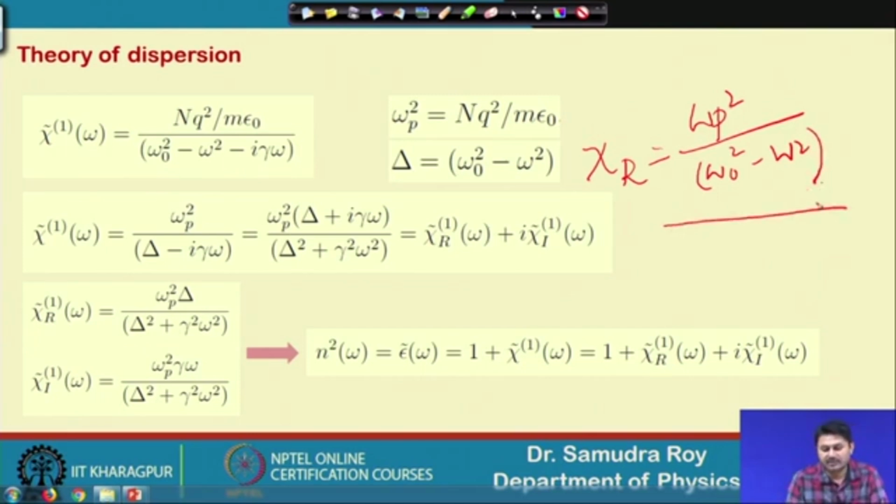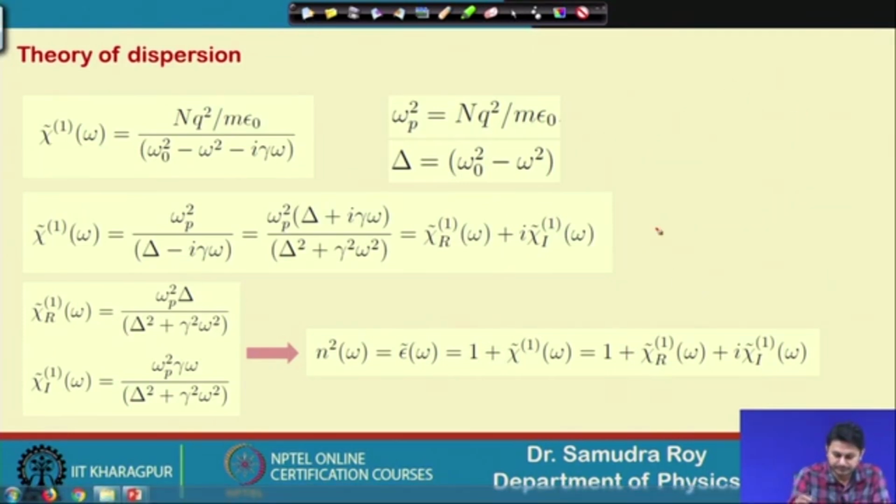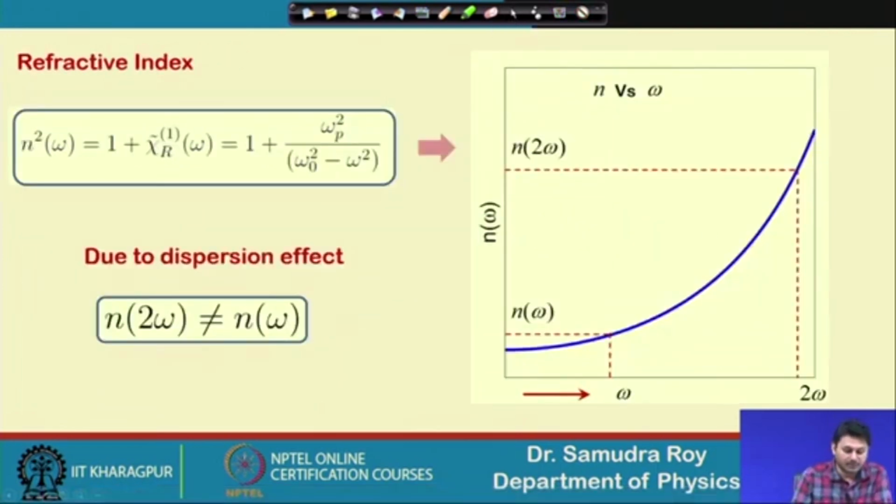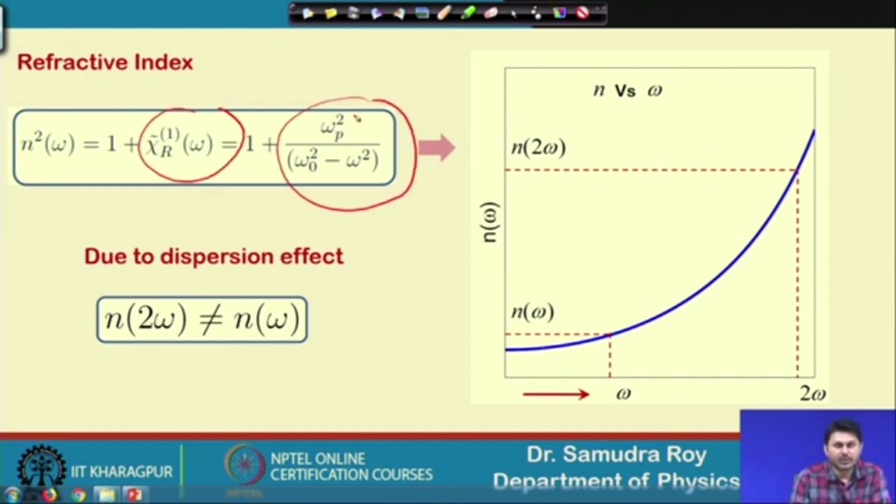So, when I put this chi r into my equation of refractive index, let us see what we find. As I mentioned, I just replace this chi r with this quantity, omega p square divided by omega 0 square minus omega square, and then we have a functional form.